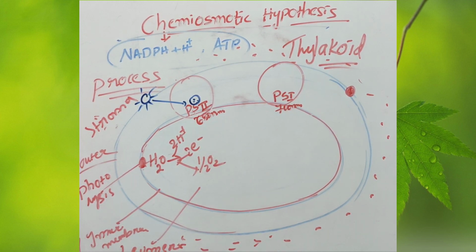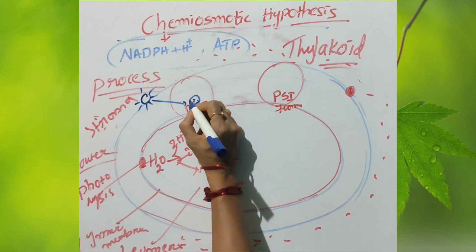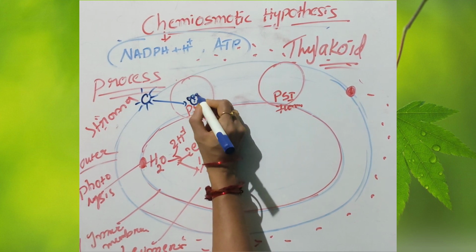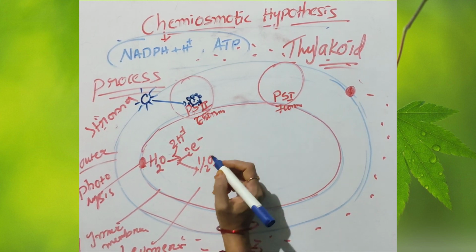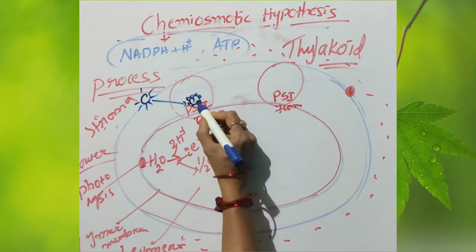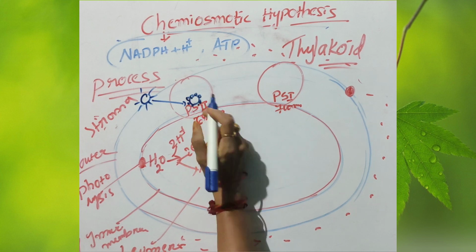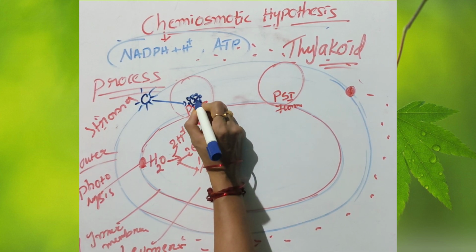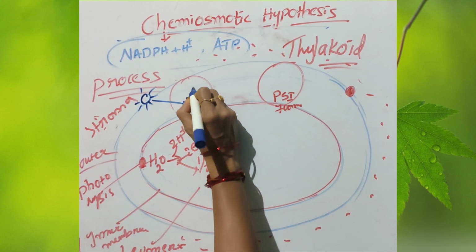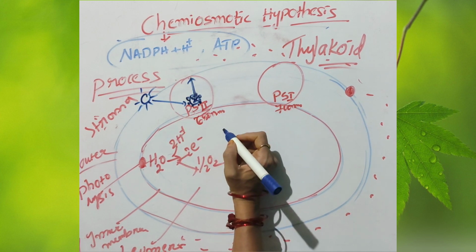Once sunlight falls, a large number of photons are absorbed by the reaction center and accessory pigments. These photons enter the reaction center area. In this reaction center, a pair of electrons is excited from the ground state to the excited state.